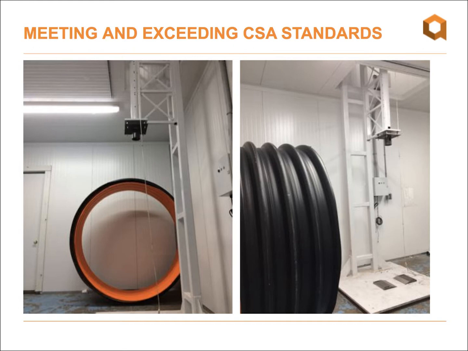This is the impact testing equipment. Inside of this tube, there is a standardized hammer as per CSA and ASTM requirements that will be raised to a standardized height as per CSA and ASTM requirements and dropped on the pipe to ensure that the manufacturing process was a good manufacturing process.